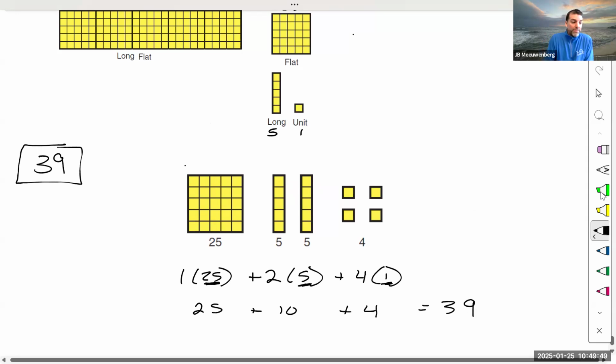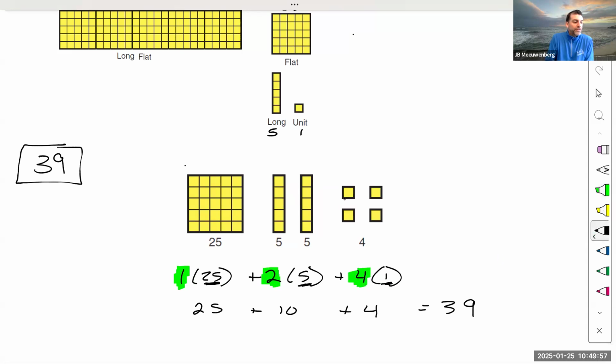Now, another important thing to consider with this, and we mentioned this a little bit earlier in another video, the numbers out front are telling us how many of each grouping we have. We have 1, we have 2, and we have 4. And so what that means is the number 39 written in base 10 is equal to the number 124 written in base 5.